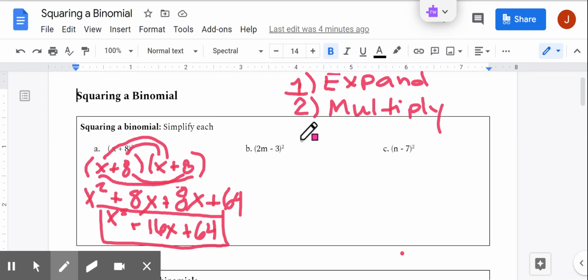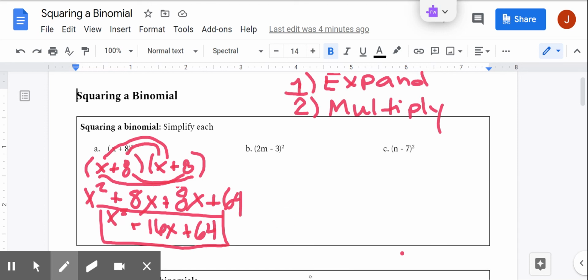When you do that, you're really not squaring the binomial because you're multiplying 2m times just 2m and you're multiplying 3 times just 3. And that's not what this means. This means the entire expression multiplied by the entire expression again. So don't just distribute that square inside. Make sure you expand like we just did.